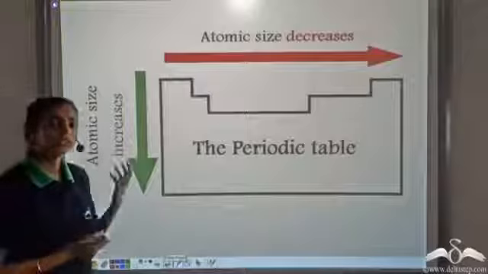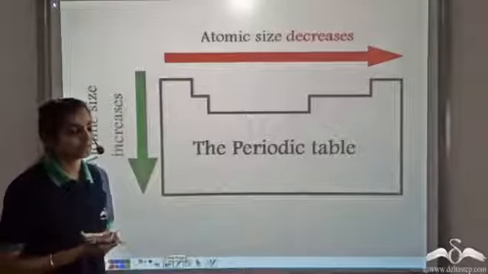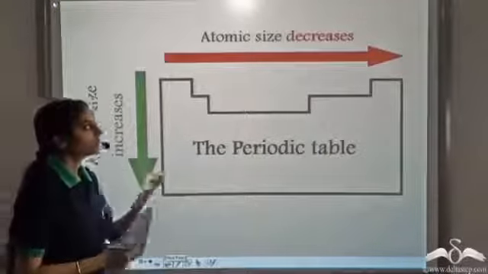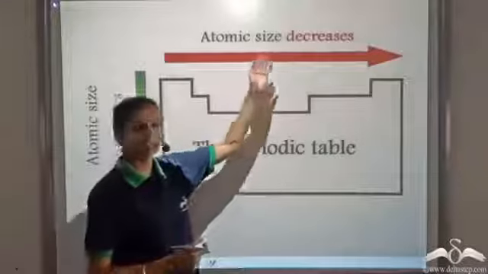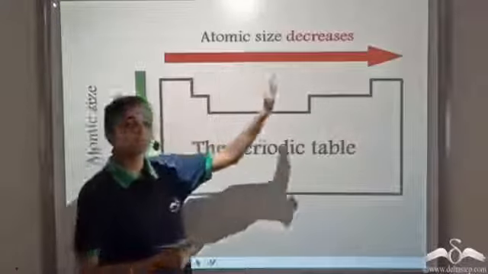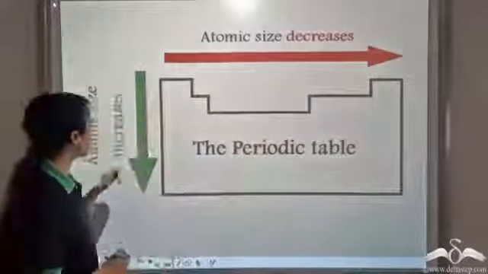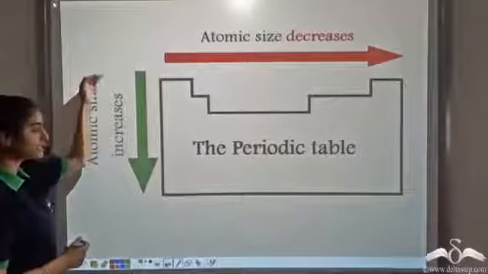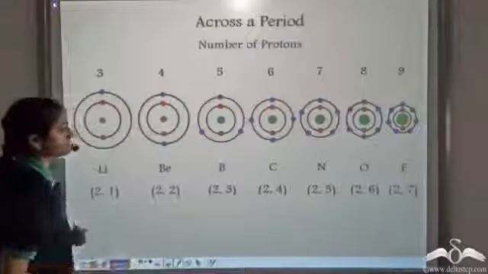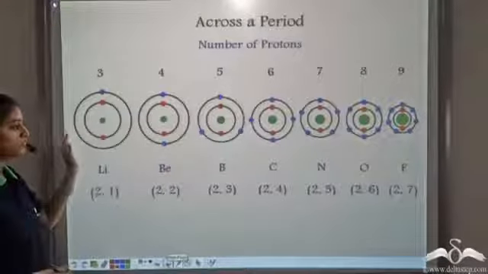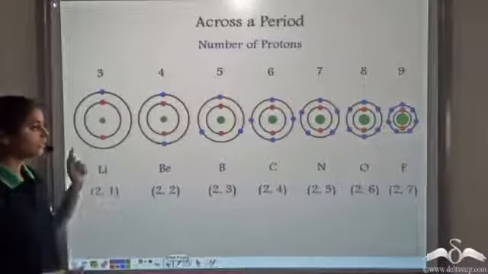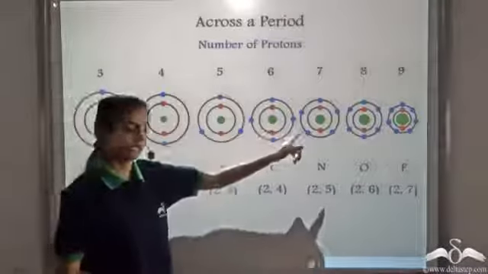So let's see how this ionization energy varies in a periodic table. We know that atomic size decreases on moving from left to right in a period. Also, atomic size increases on moving from top to bottom in a group. So when we move from left to right in a period, the atomic size decreases.